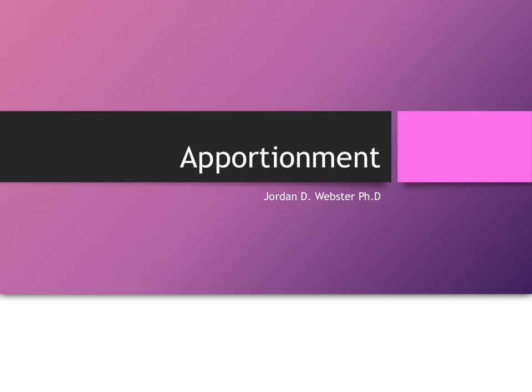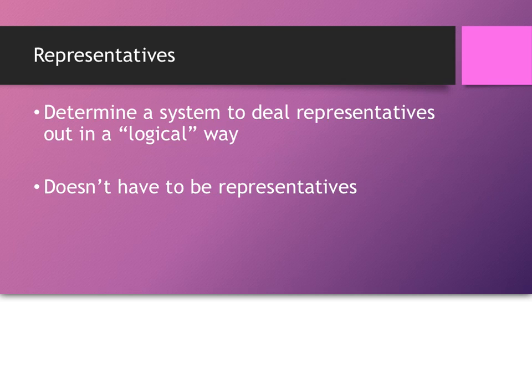So we're going to start apportionment today. And basically, apportionment is the idea that you want to give things out. Now, when we give things out, typically we think of these things as representatives. So we're going to deal out representatives in an attempt to do this in a logical way.